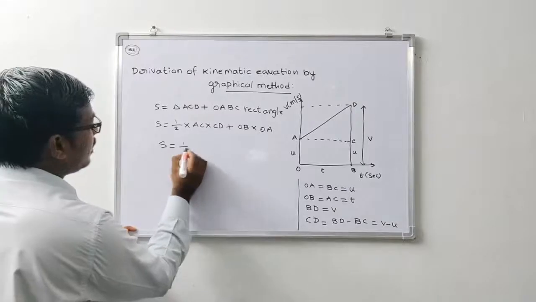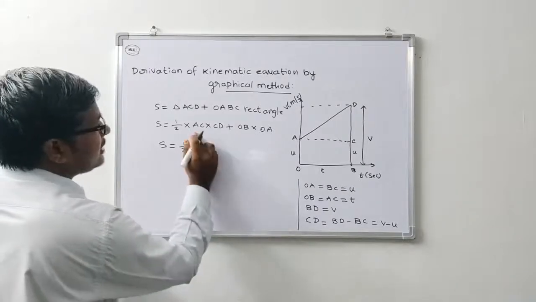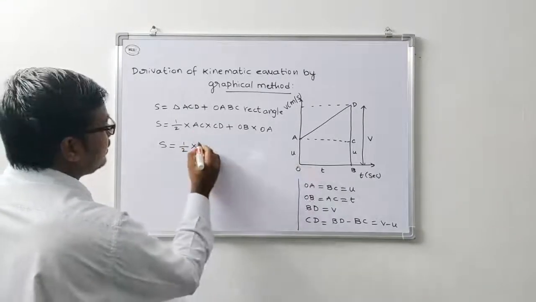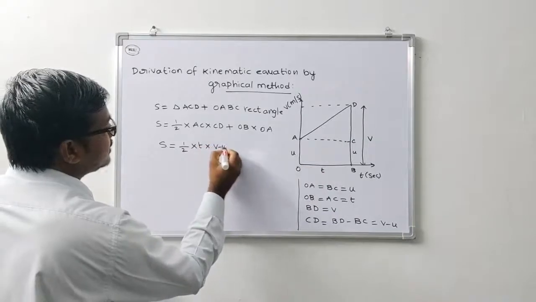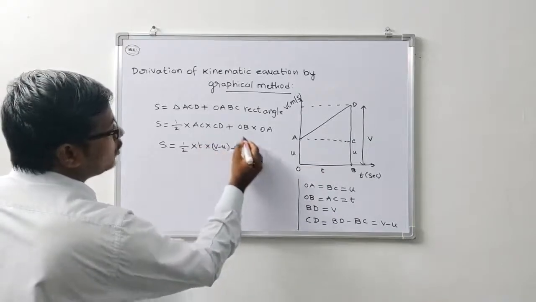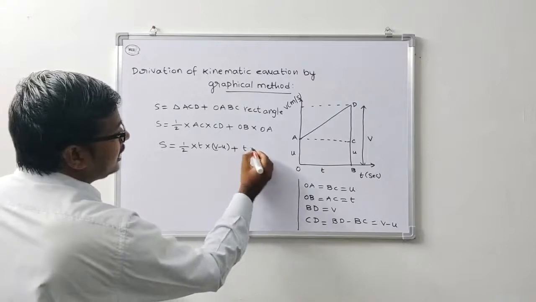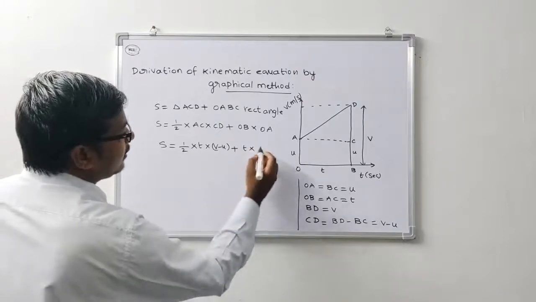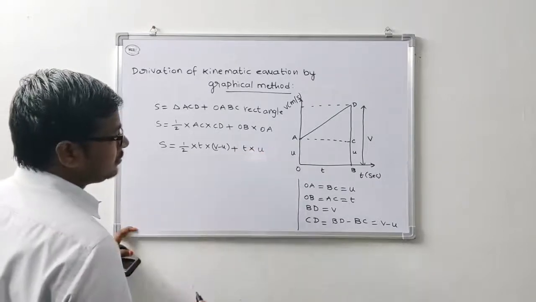S is equal to half into AC value T into V minus U, plus OB T into OA, that is U.